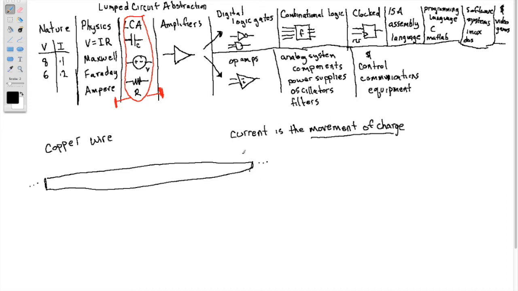But let's say in this copper wire, electrons, I'll draw an electron here. Okay, let's say electrons are moving this way, right, down the wire. So, if electrons are moving from right to left, this end of the wire is becoming more negatively charged.